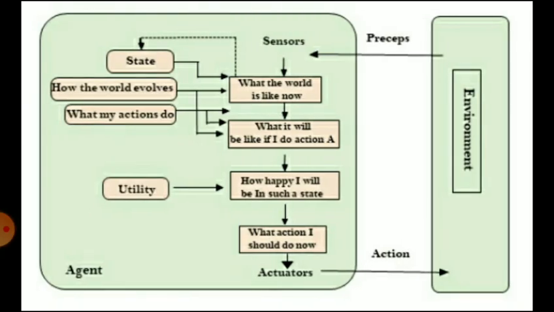So you can see the block diagram here for the utility based agent. The remaining blocks will be the same, and one more block is added, that you can see in the middle, the third block: how happy I will be in such a state. So it focuses on utility, not the goal state.